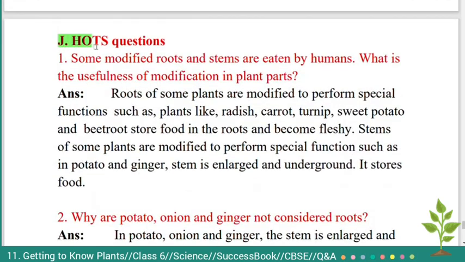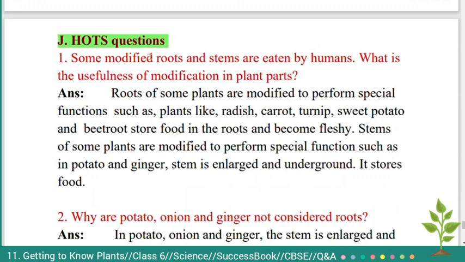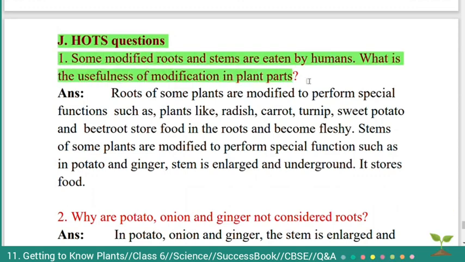Next, section J, HOTS questions. First question. Some modified roots and stems are eaten by humans. What is the usefulness of modification in plant parts? Answer.